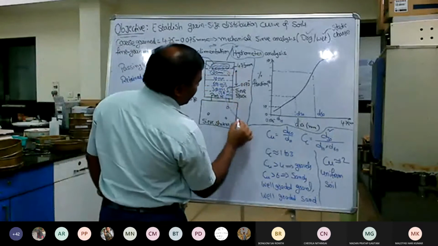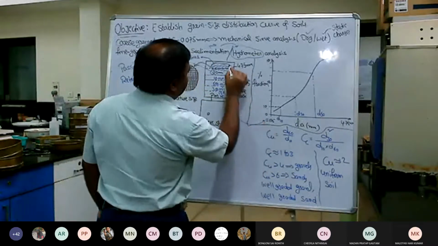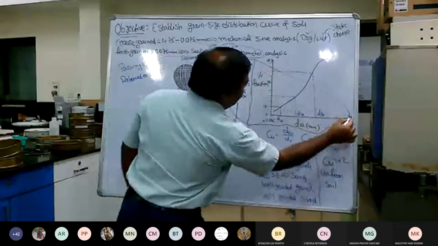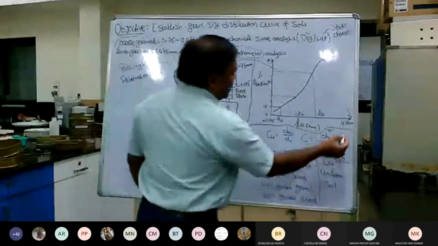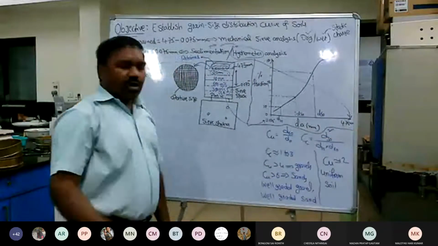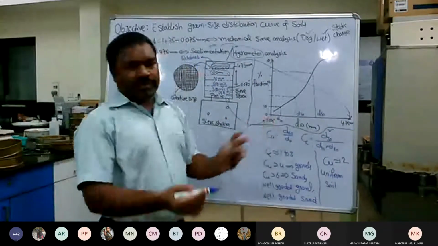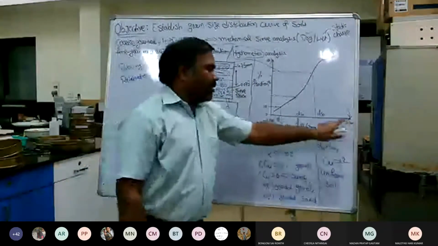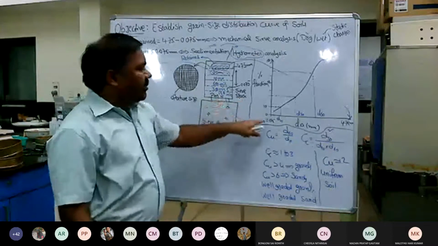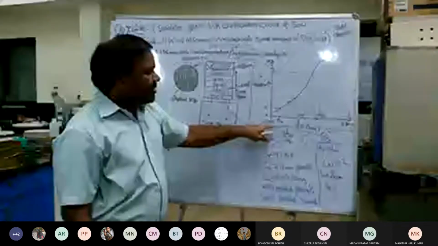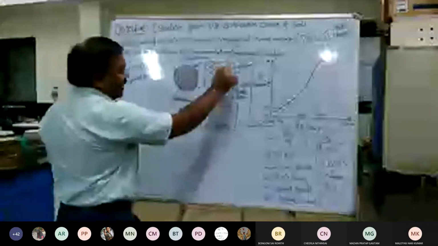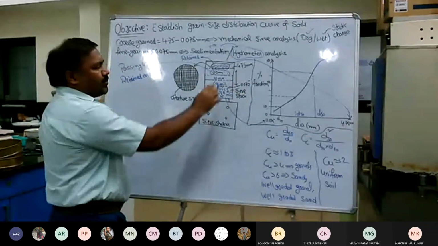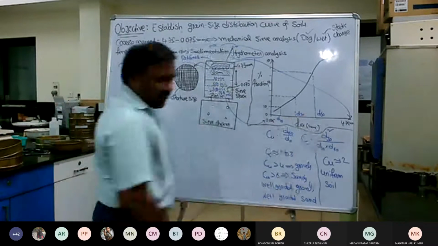The topmost one will be represented on the x-axis, on the right side or the left side, you can take anything, it doesn't matter, while the bottommost is 75 microns, right near the origin of the graph. So these apertures represent the x-axis of this graph.